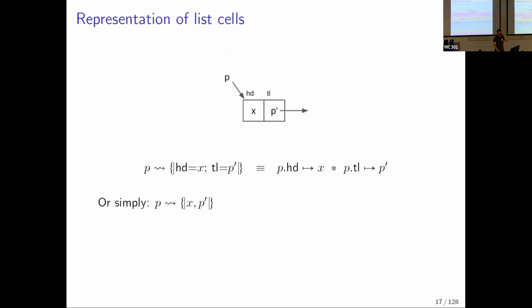When you want to represent list cells, you'd like to have something to talk about in your language, so you encode a bunch of things. This is a definition: p points to some record with hd equal to x and tl equal to p' is in fact defined as p.hd points to x and p.tl points to p'. You can write it this way to be a bit shorter.